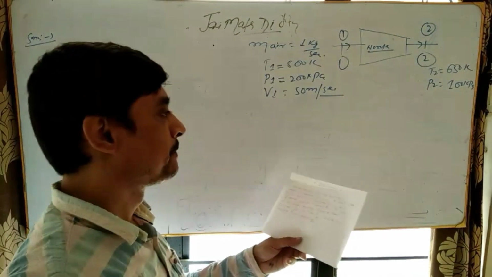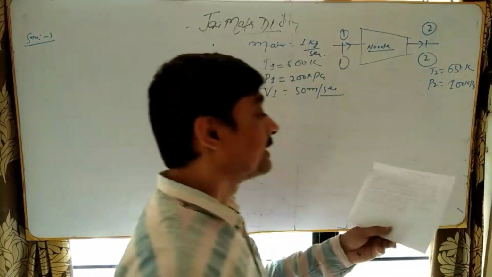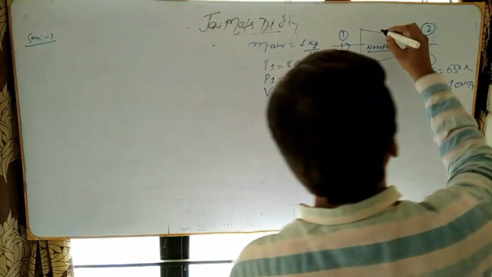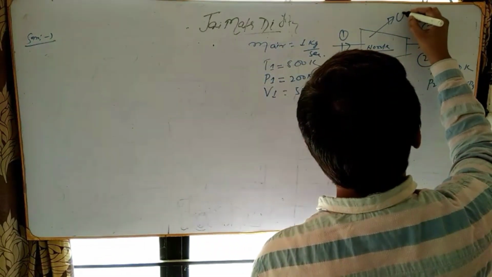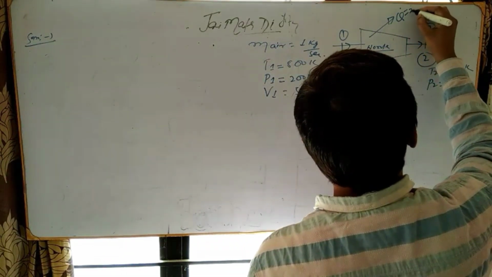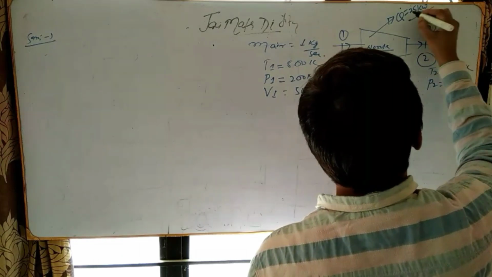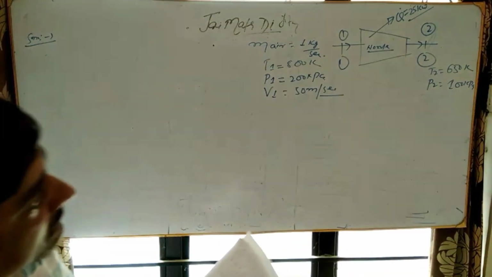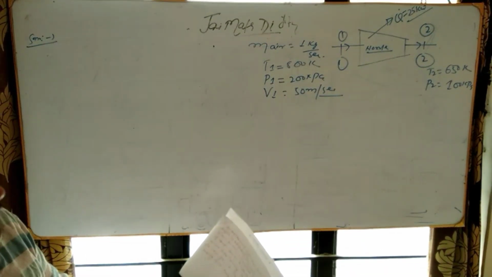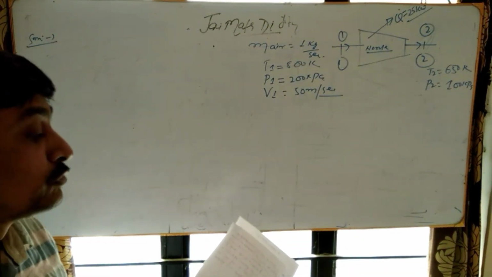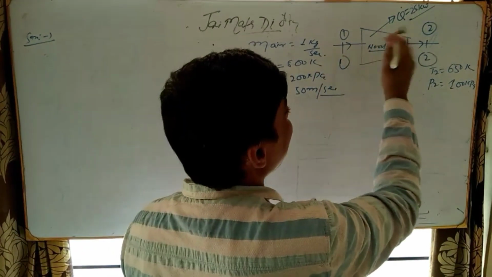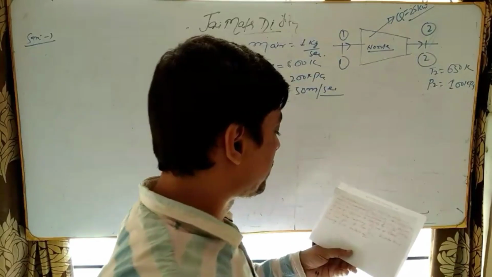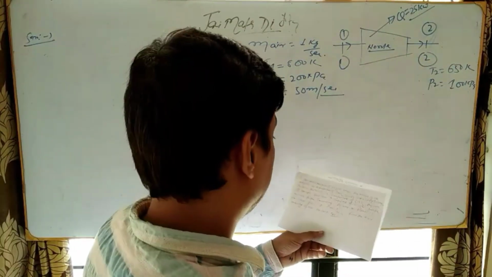Right. And heat is lost at a constant rate of 25 kilowatt. This nozzle is rejecting heat at the rate of 25 kilowatt from the nozzle to surrounding. This heat is rejected to surrounding. This quantity of heat is 25 kilowatt.